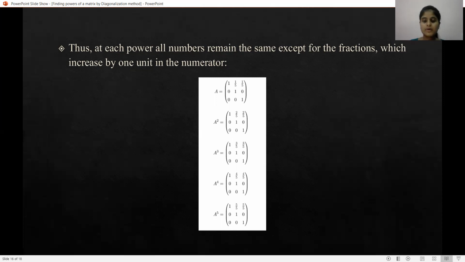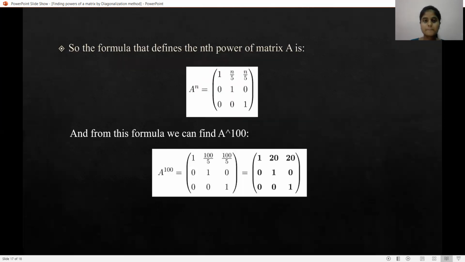At A to the power 5, it becomes 5 by 5 and 5 by 5. So the formula that defines the nth power of the matrix in this problem is A to the power n is equal to [1, n/5, n/5; 0, 1, 0; 0, 0, 1]. And from this formula, we can find A to the power 100.